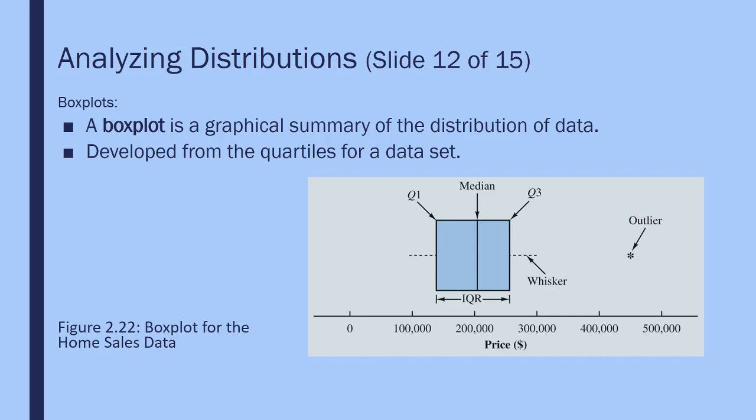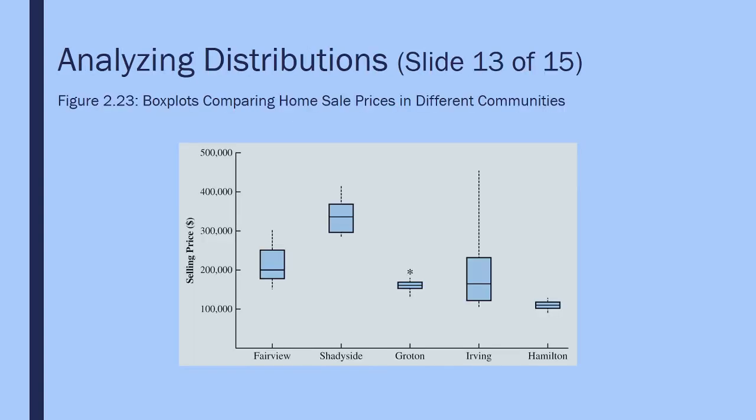The location of each outlier is shown with an asterisk, just like this one. In the data, we have an outlier of 456,250.